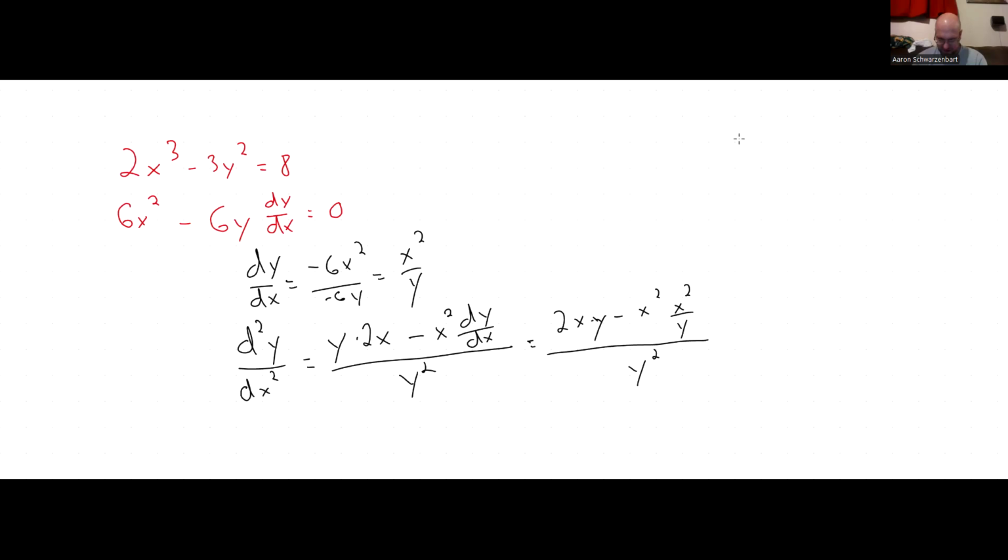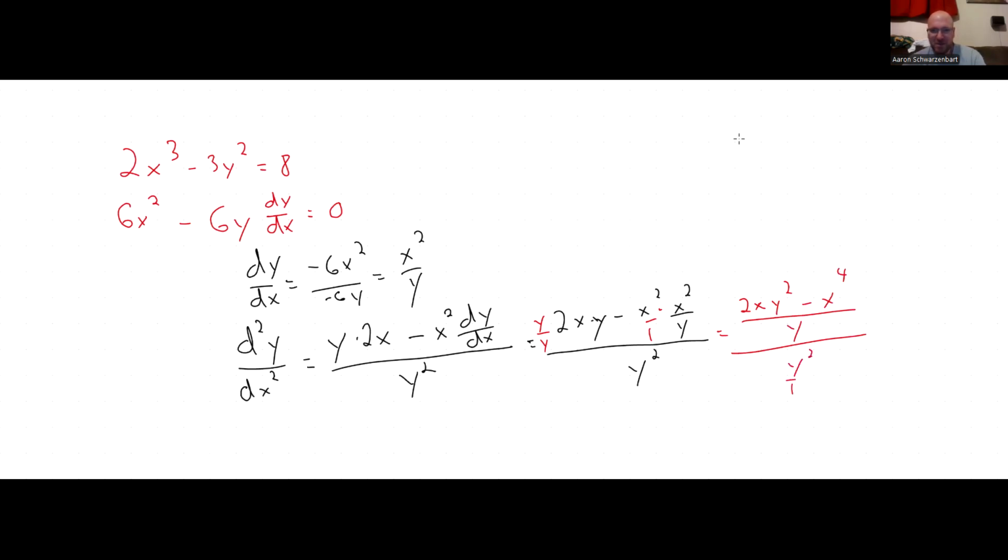So I should probably simplify this a little bit. I like to find the common denominator on top. I'm multiplying this by y over y. These are multiplied, so that's over 1. That already multiplies out. So this gives me 2xy squared minus x to the 4th over y, all over y squared over 1.